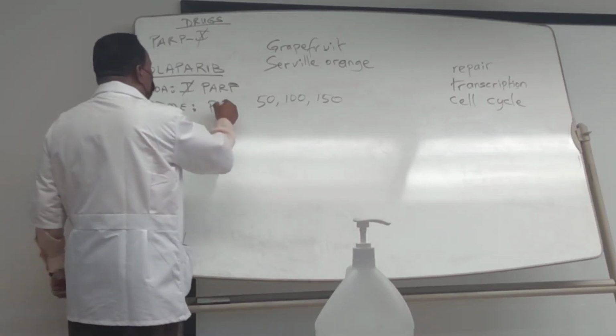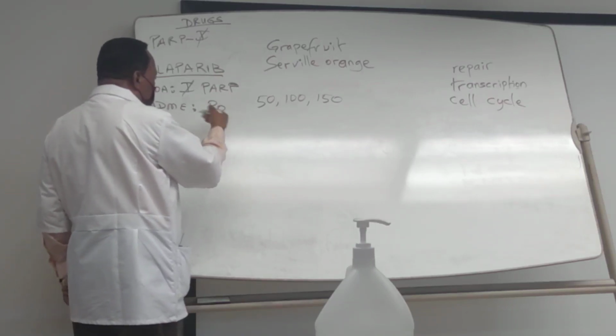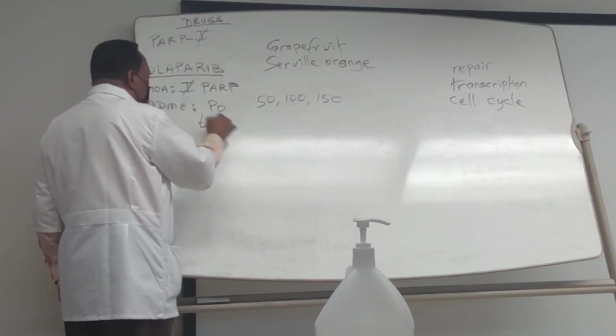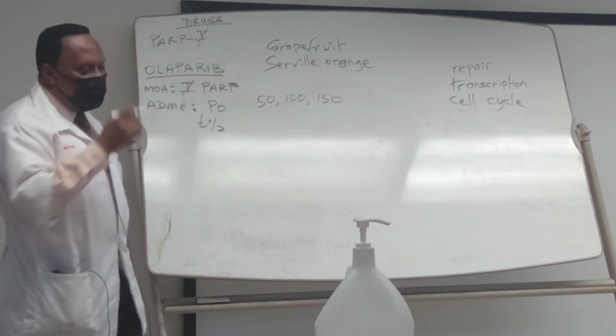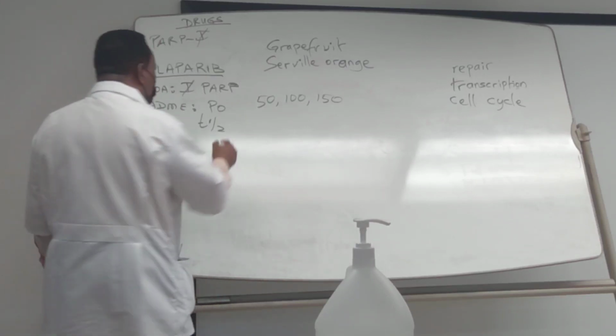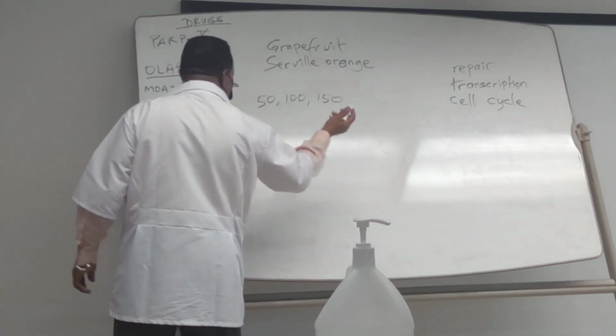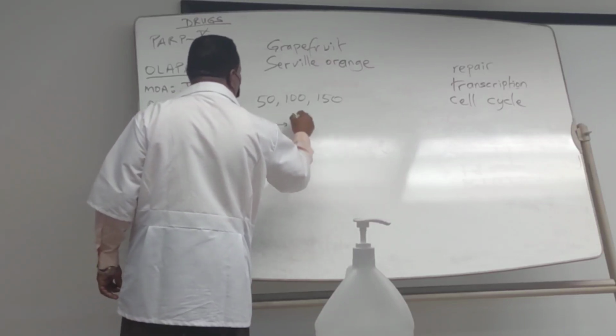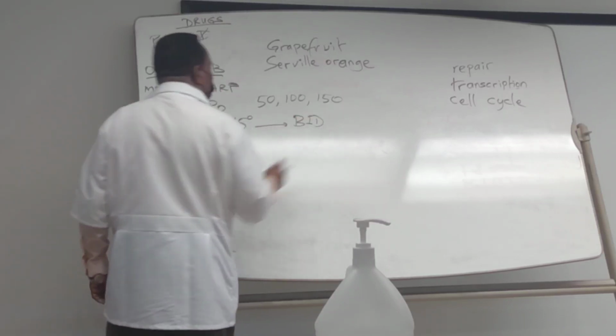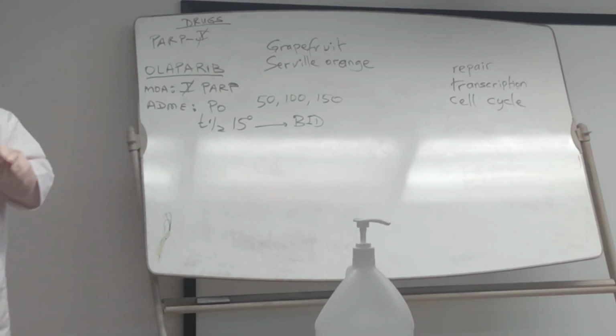And in terms of its distribution, it has a half-life of about 15 hours. And so that explains the BID administration of the drug. So whatever strength you give will be administered on a BID basis.